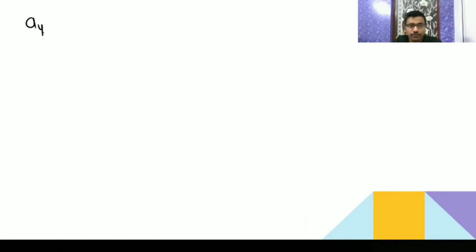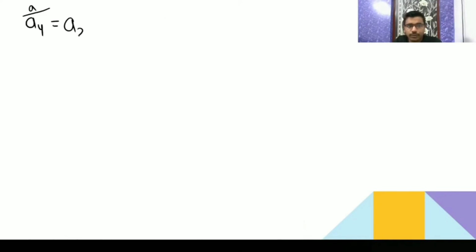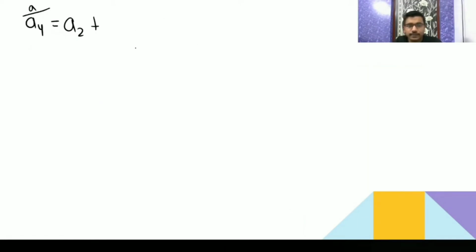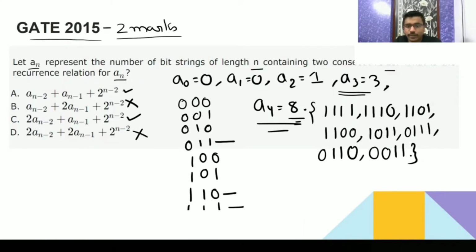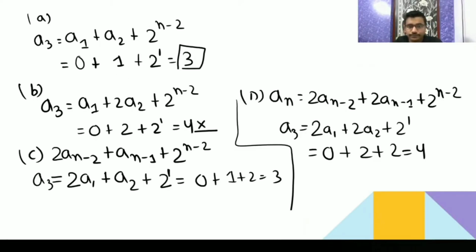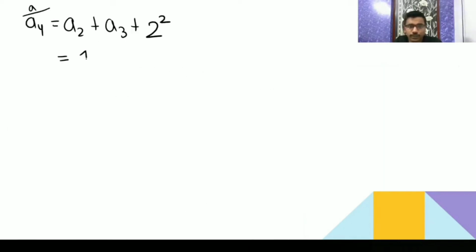For a4, option A is saying a4 equals a2 plus a3 plus 2 to the power n minus 2, that is 4. a2 is 1, a3 is 3, plus 4, then you are going to get 8.